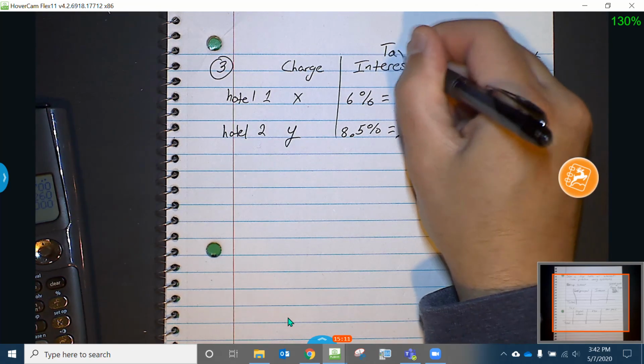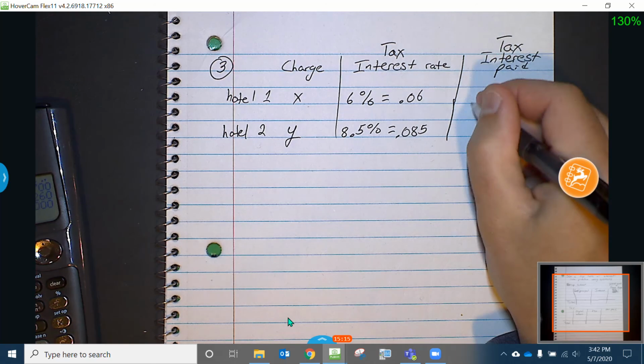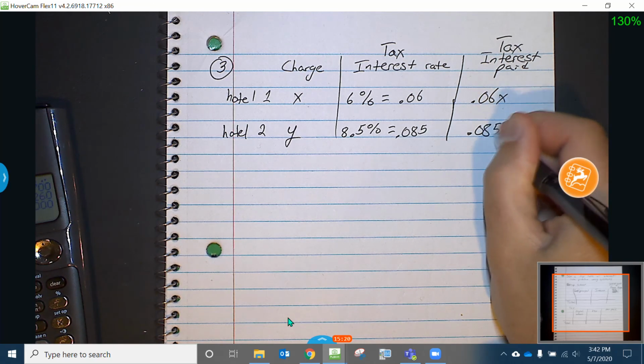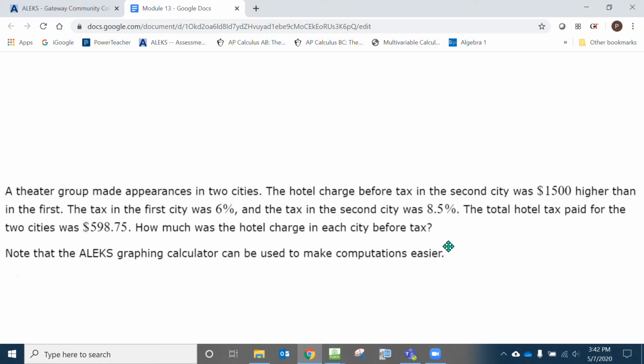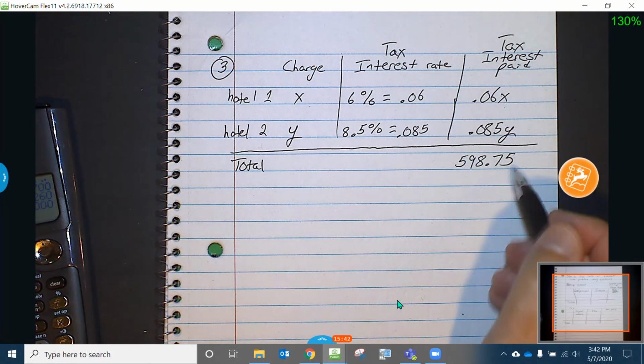I was like, interest paid, tax. So the tax paid is 0.06x. This is 0.085y. Now they give us some totals. Hotel tax paid for the two cities was $598.75. So the tax we paid for the two hotels was $598.75.